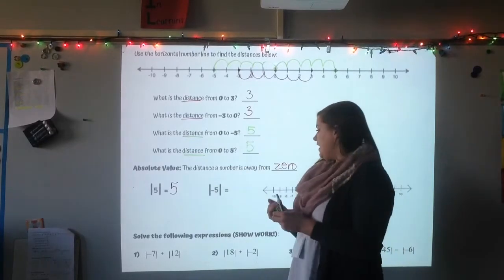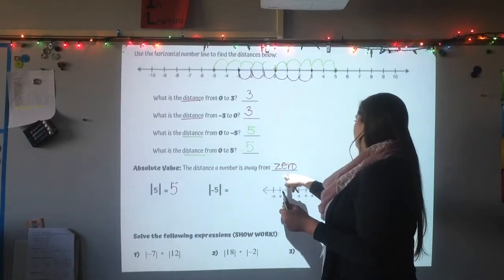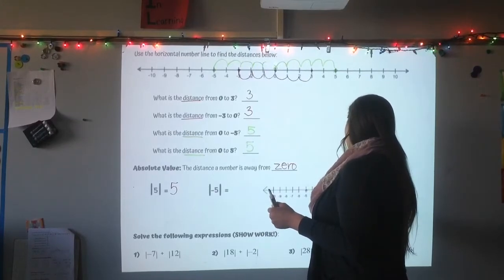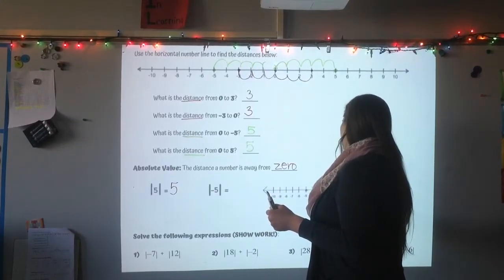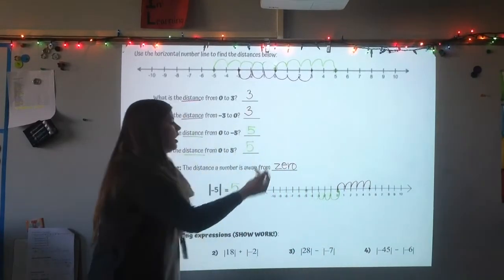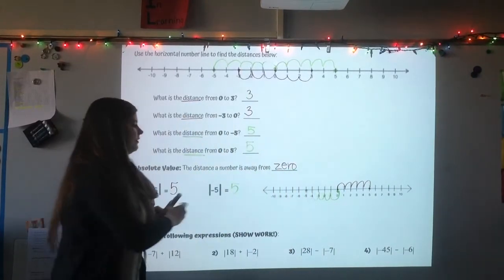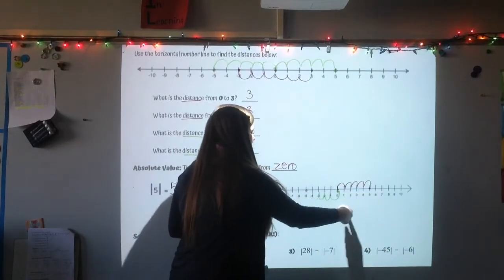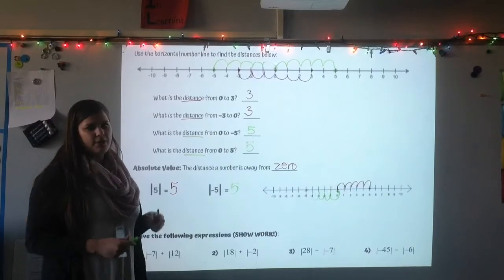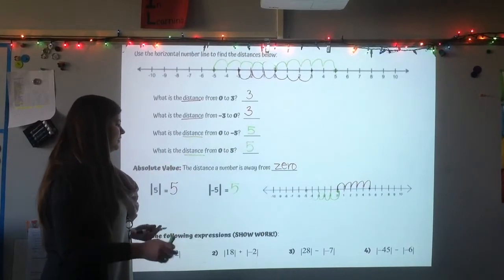The absolute value of -5, if I'm going from 0 to -5, 1, 2, 3, 4, 5. So -5 is 5 away from 0. Again, it doesn't matter whether you're traveling in the positive direction or the negative direction. Absolute value is always going to be positive because distance is always positive.